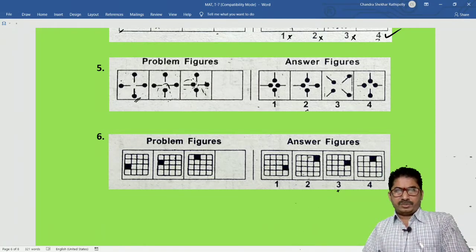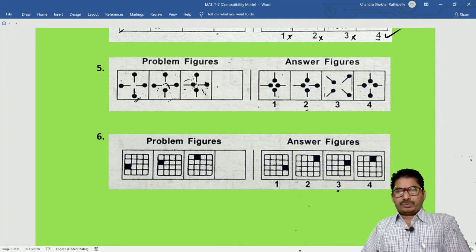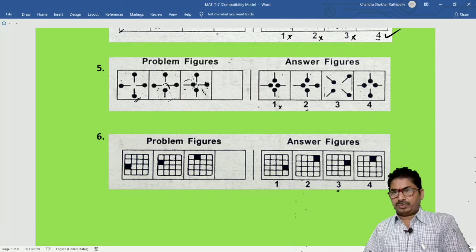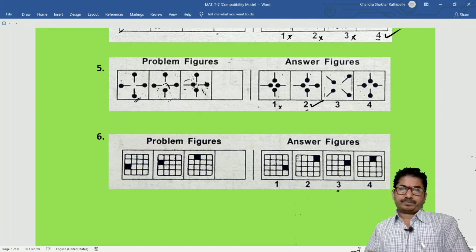In this one, this one changed. Next, which one changes? This upper one changes. So this matchstick is as it is on the right side. So this is not correct. So changed. This is not changed. So that's why 2 is correct.